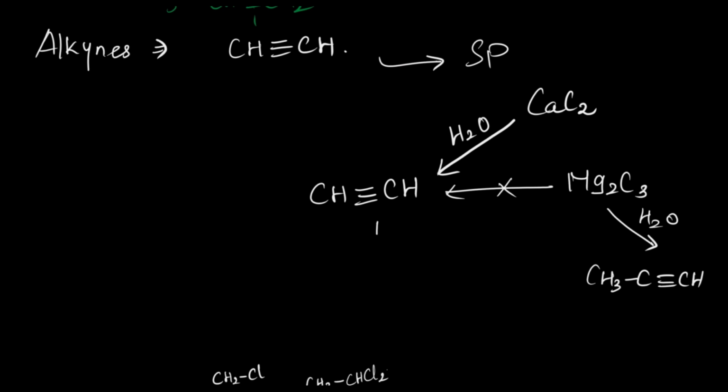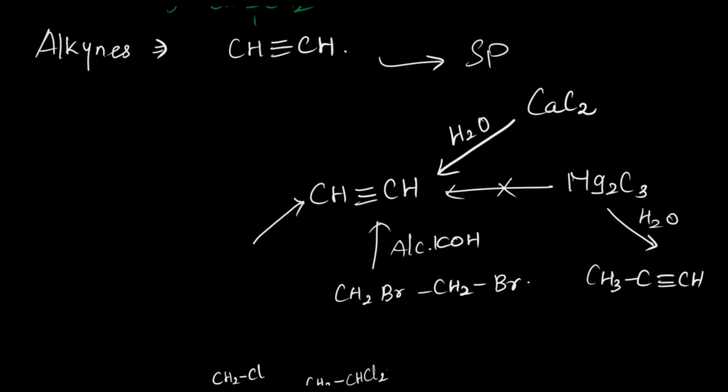Once again, that is a beta elimination process. I told you alcoholic KOH we have to use, from CH2Br, CH2Br. Dehydrohalogenation happens with the elimination of 2 HBr molecules.